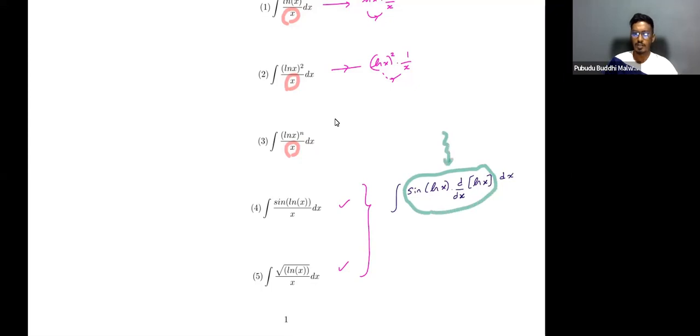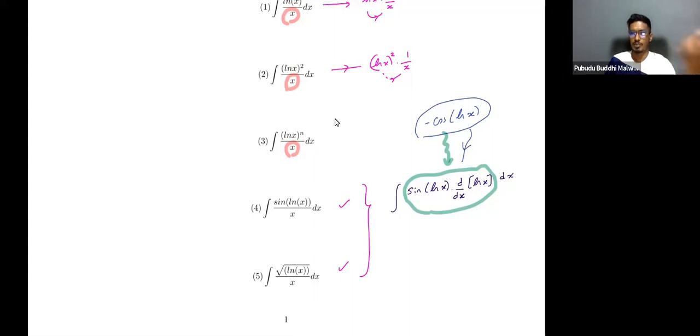What do you think about this? This is basically the derivative of minus cosine natural log of x. If you apply differentiation, basically the chain rule, to differentiate this function, you will get this. Don't need to compute the antiderivative like that, don't need to write your answer straight away.